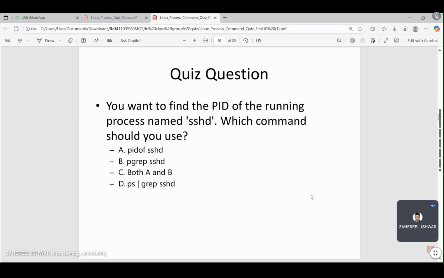Okay, you want to find the process ID of the running process named sshd. Which command should you use? I believe you guys want to try this command on your machine. It's not very straightforward.